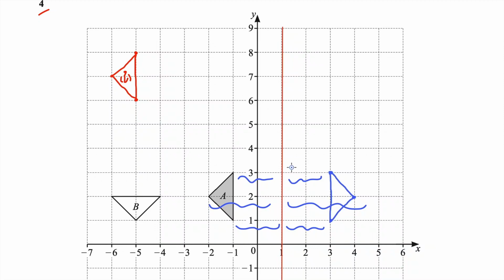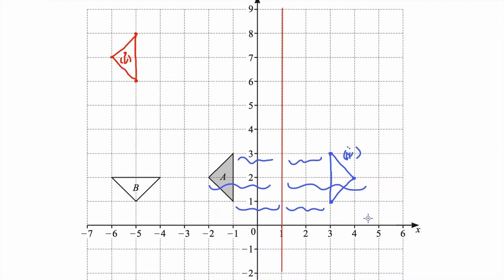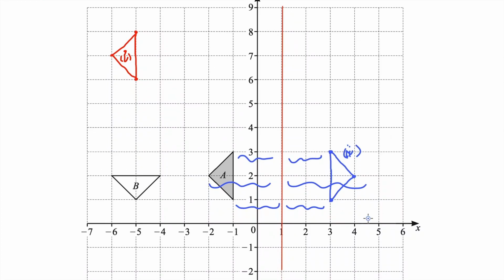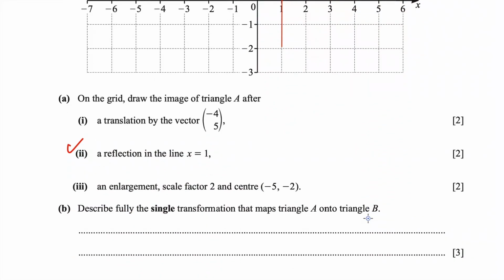So this is the second part, and it is better if you can note down the points and clearly mention them. Okay, but remember, once you draw the mirror line, it should be in the middle of the image and the object, and it should be perpendicular to the line.